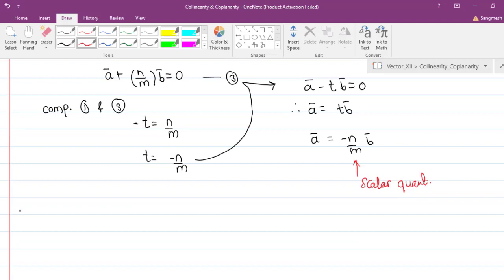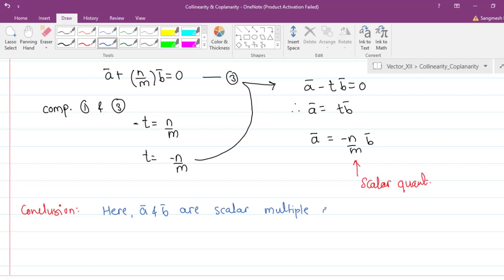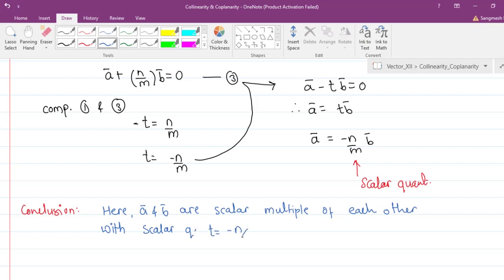So how can you write the conclusion? Conclusion: a bar and b bar are scalar multiples of each other, with scalar quantity t equal to minus n by m.